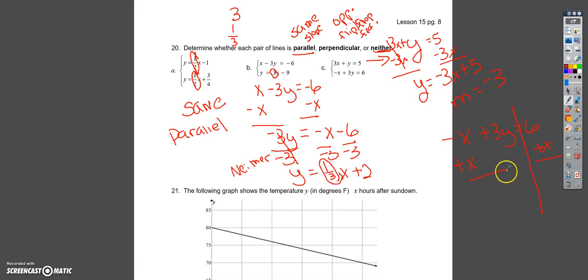There's 3y. That gives us x plus 6. Divide by 3, divide by 3, divide by 3. So we get y equals 1 over 3x plus 2. So this slope is 1 over 3. So this would be 3 over 1. So we have flip-flop fractions, and we have opposite signs. So these two would be perpendicular.